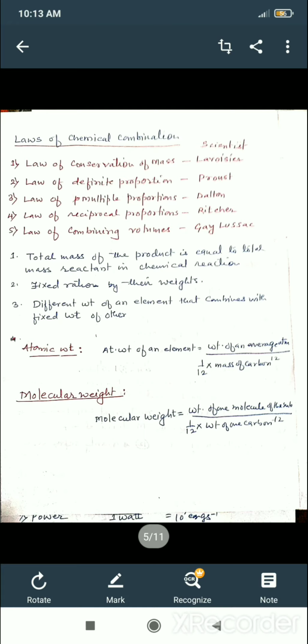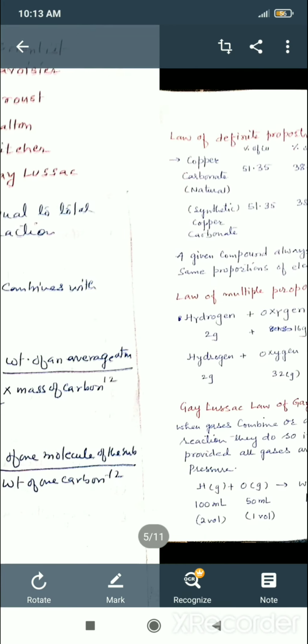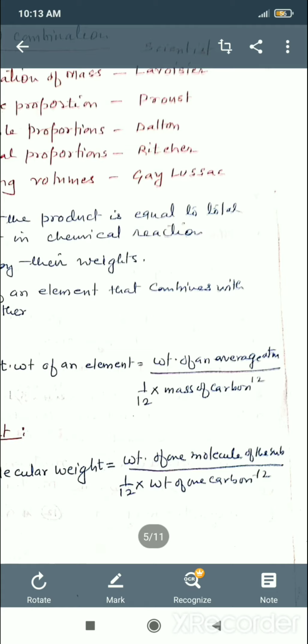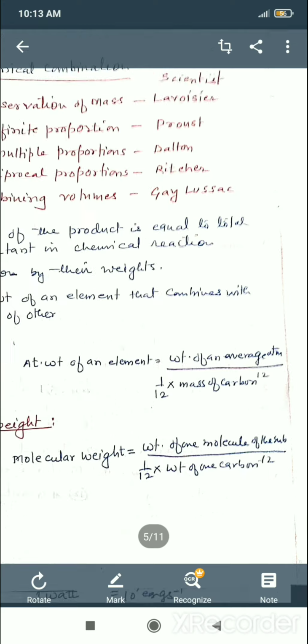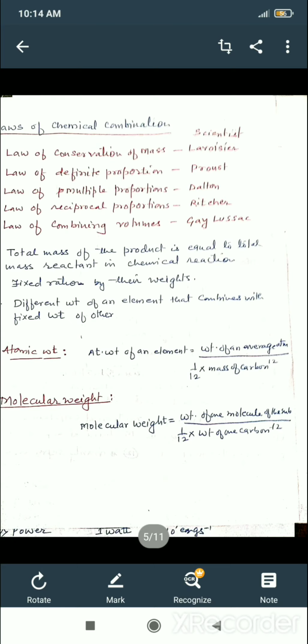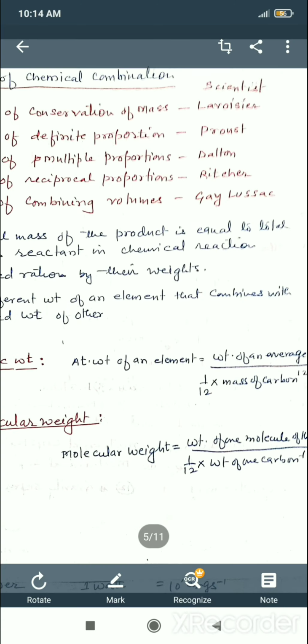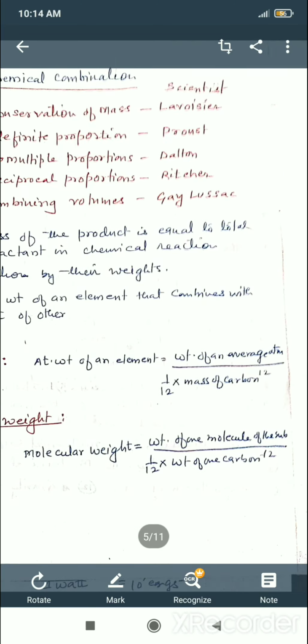The atomic weight of an element is equal to the weight of an average atom divided by 1/12 of the mass of carbon-12. Remember this because it is needed again for our calculations. Molecular weight is equal to the weight of one molecule of the substance divided by 1/12 of the weight of carbon-12.